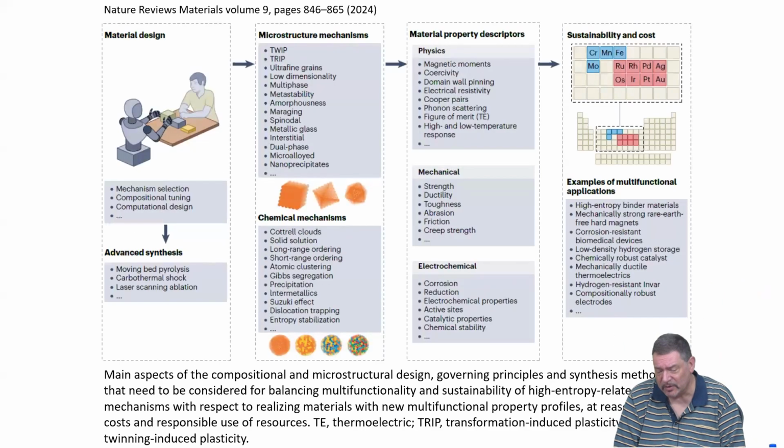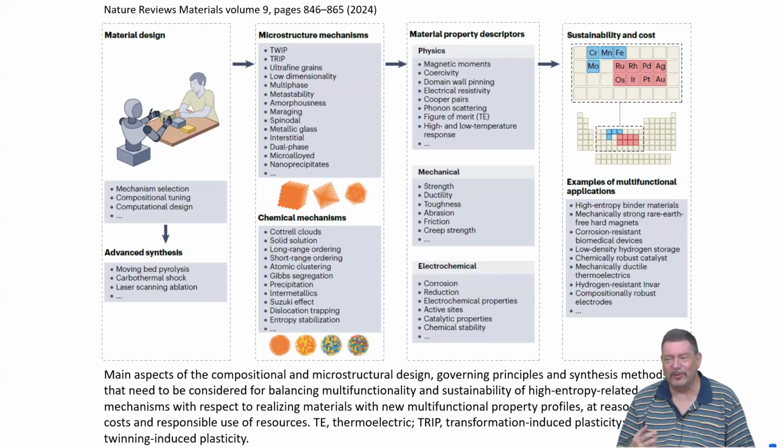So it means that when we think of materials design in terms of high entropy systems, this is what you guys are doing probably every day, or what you at least will be doing if you are working in a job where you want to design new materials. It's really a very complex process which involves many, many different steps, right?